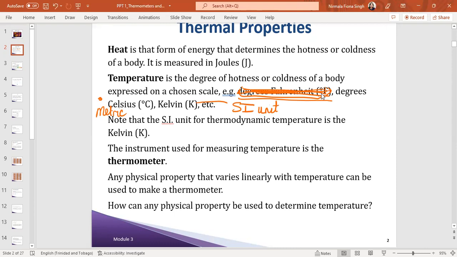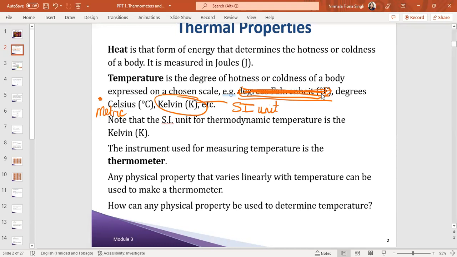We generally use Kelvin in almost all of our calculations when it comes to heat, but there are some places where it really doesn't matter whether we use Kelvin or Celsius. All right, and you all should have gone through this in Form 5, but we're going to touch on it again anyway.